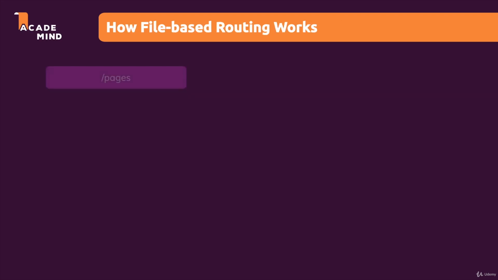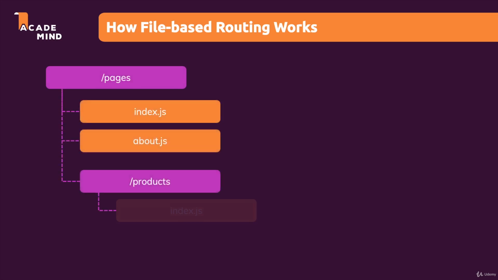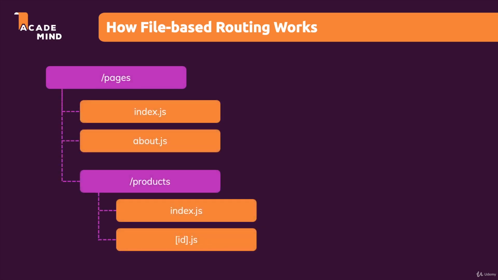Well, let's consider this example pages folder. Here in this pages folder, we would have an index.js file, and then as a sibling to that file, we have the about.js file. And then we have the products folder as a sibling to the index and about.js files, so as a subfolder in pages.